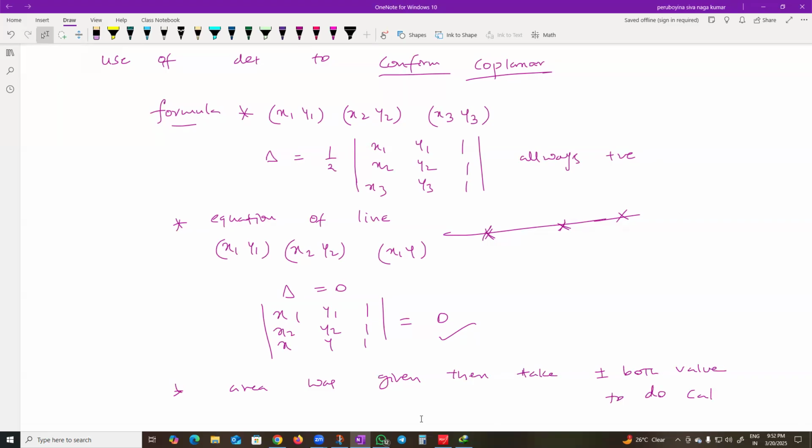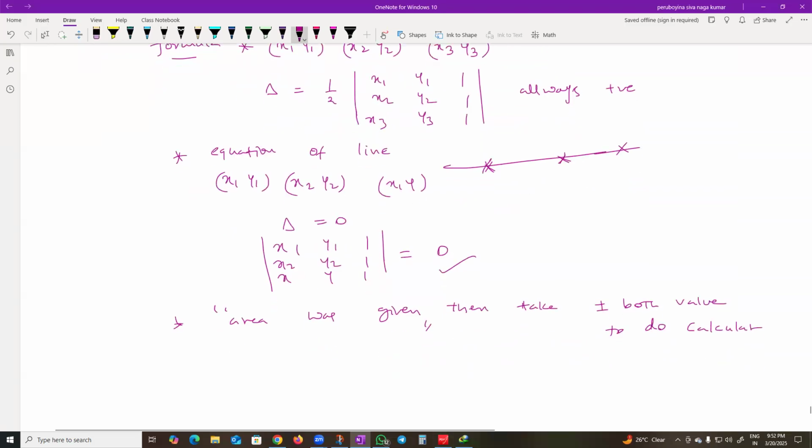So when area is given, sometimes he will ask to find the area. Sometimes he says the area is this, calculate the x value or y value. In that case, remember, take plus or minus. These are the three important points you should remember to solve the next exercise.